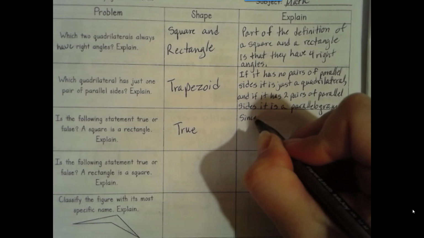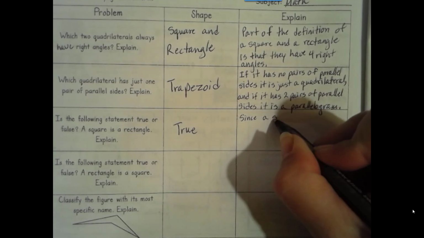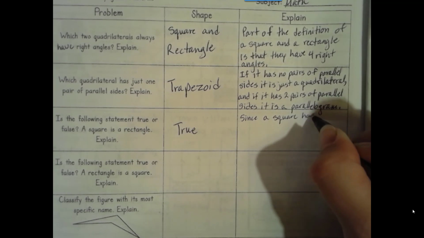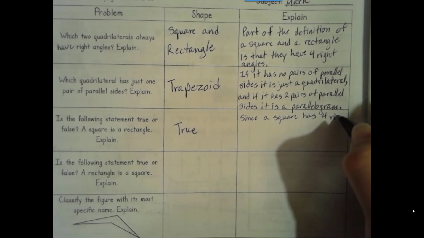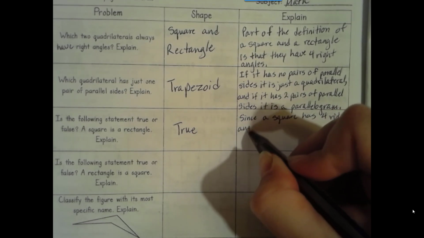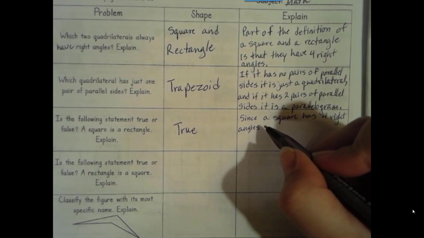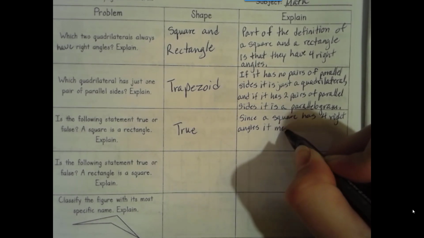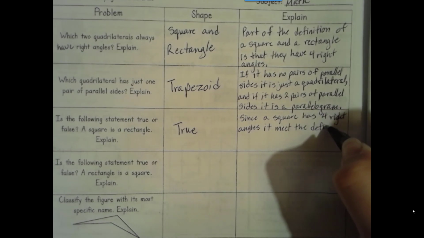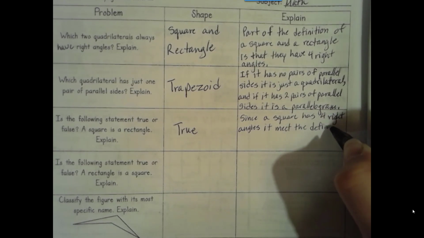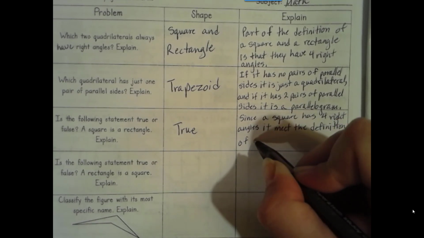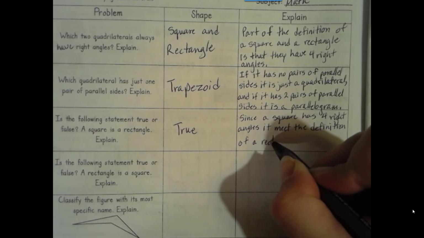Since a square has four right angles, it meets the definition of a rectangle.